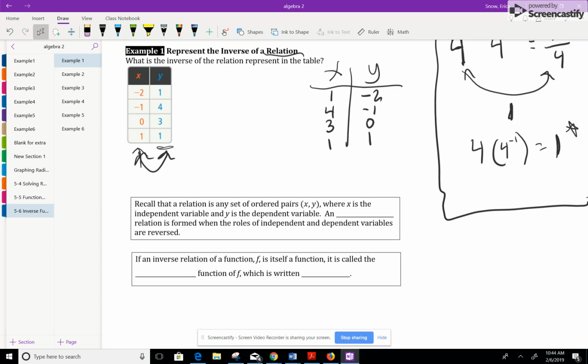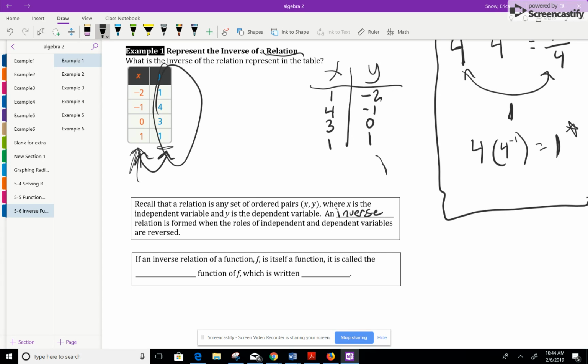A relation is any set of ordered pairs where x is the independent and y is the dependent variable. An inverse relation is formed when the roles of your independent and dependent variables are reversed. So what happens is those are your inputs, and then these are your outputs.